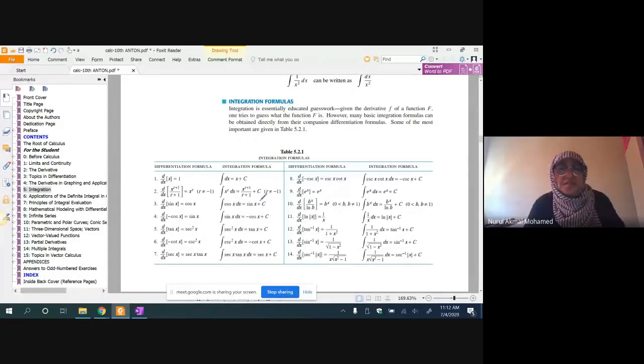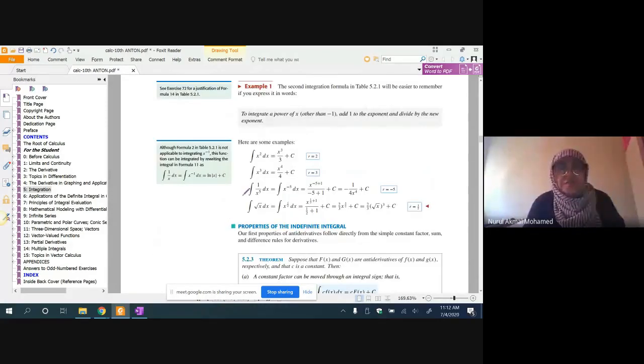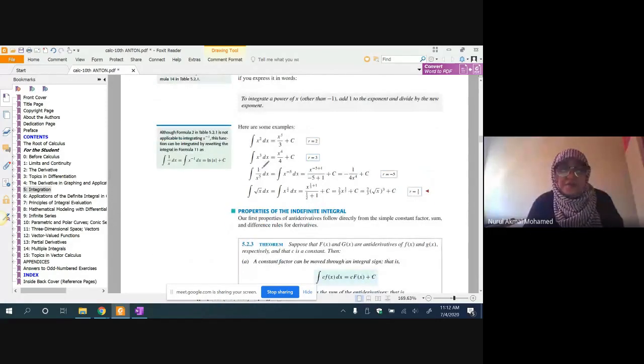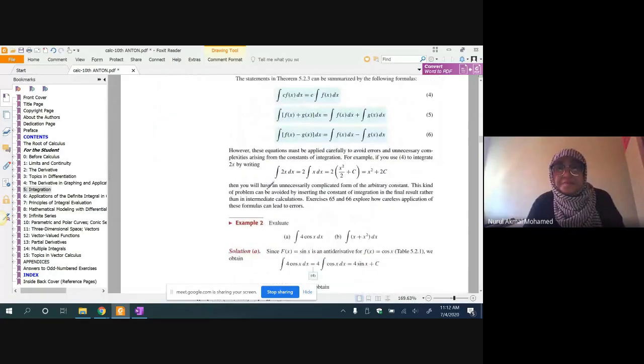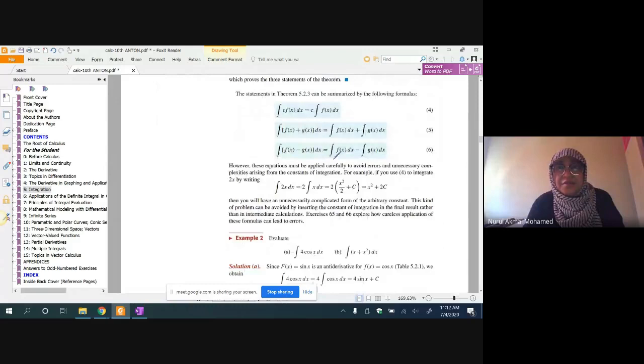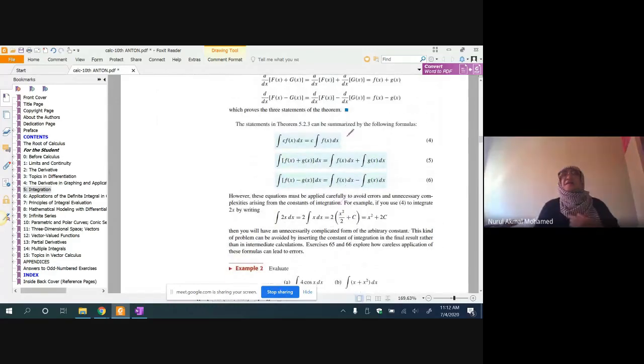It's just the inverse operation of derivative. If you know how to differentiate, it means that you should already know how to integrate.